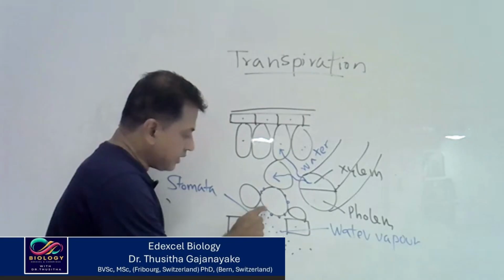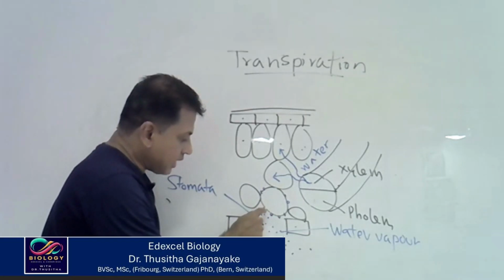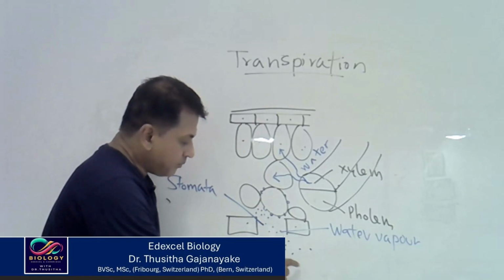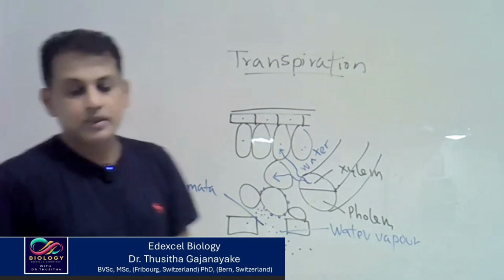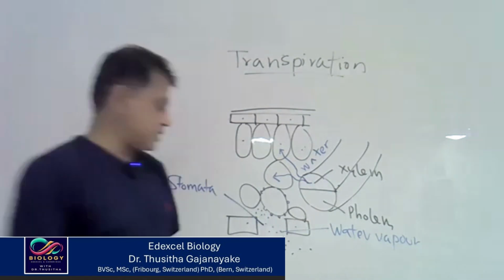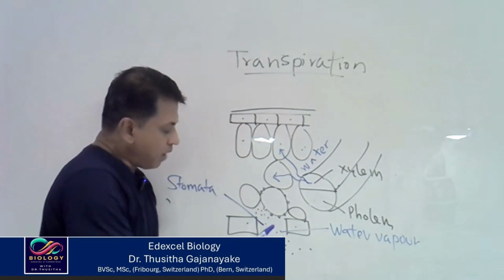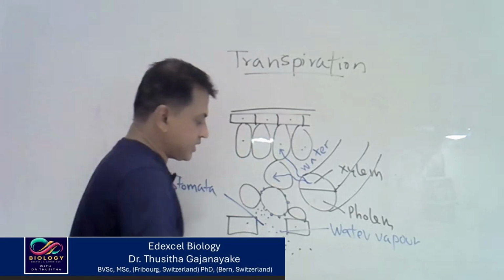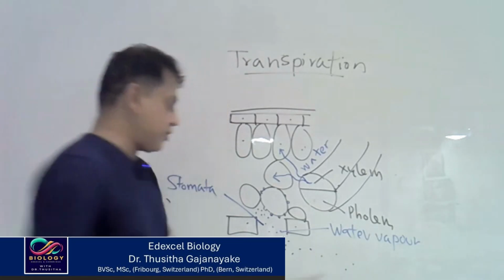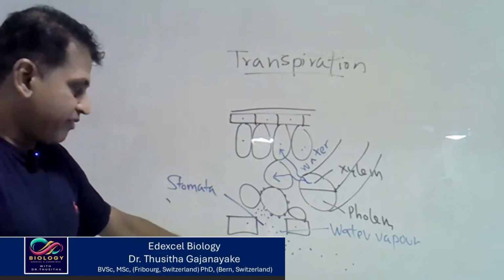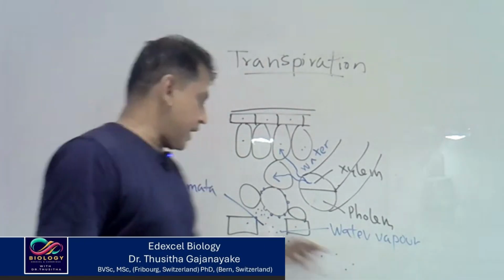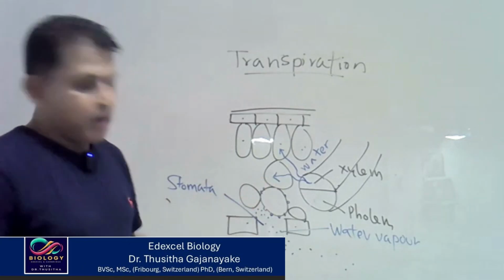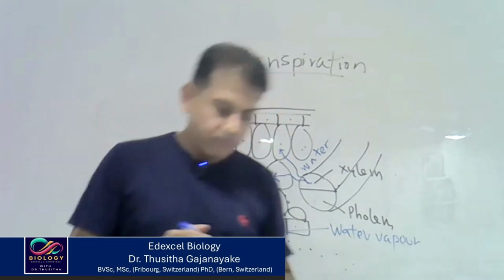You can see here they come out and now they evaporate, and then they leave through the stomata as water vapor by diffusion. The definition of diffusion is movement of molecules from high concentration to low concentration. So this area has low water vapor, this area has high water vapor, so the water can move by diffusion, and here water escapes because water is liquid.